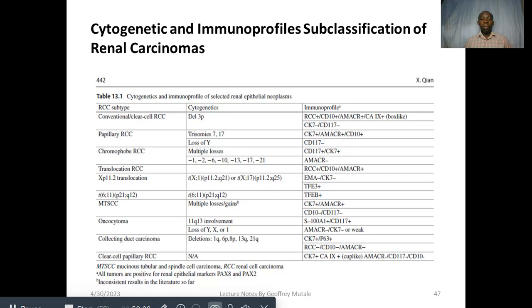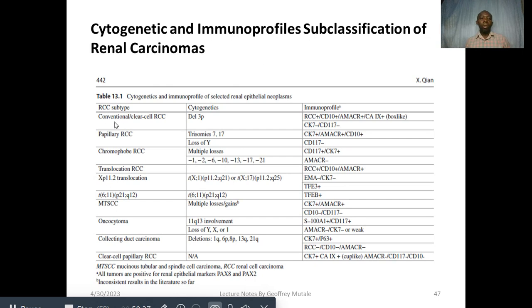So we have a table here categorizing clearly the cytogenetic and the immunoprofile subclassification of some renal carcinomas. For example, I can mention two, and the rest we shall find time to look at. We have the RCC subtype, the cytogenetics, and then the immunoprofile for categorizing different carcinomas.